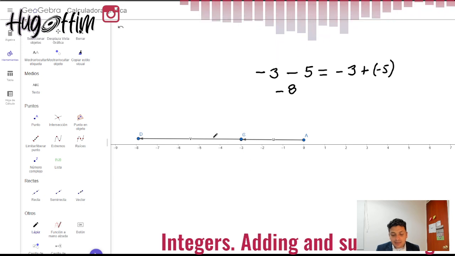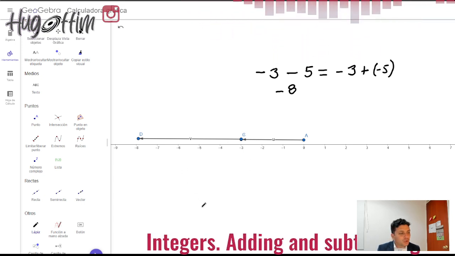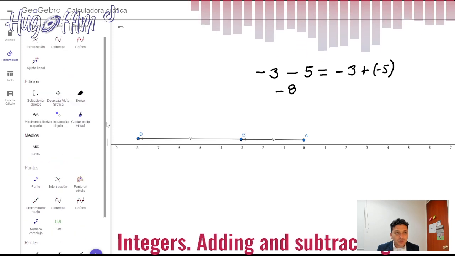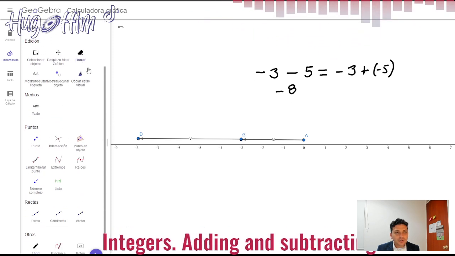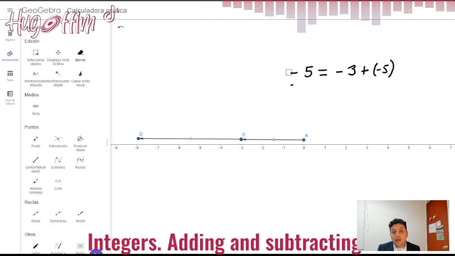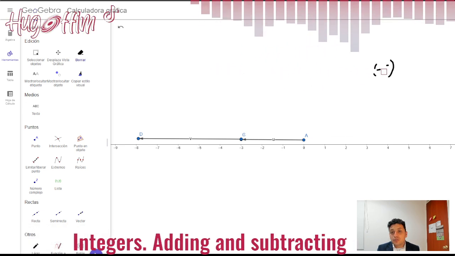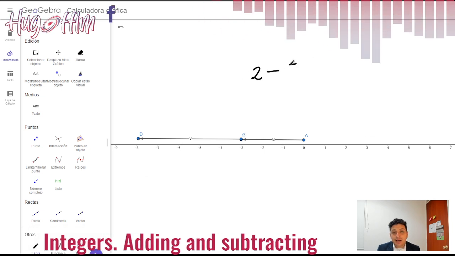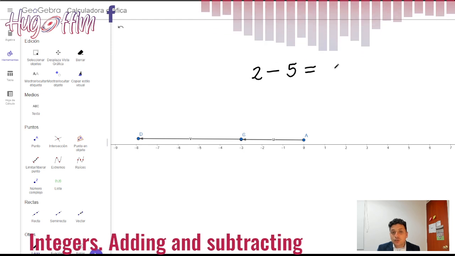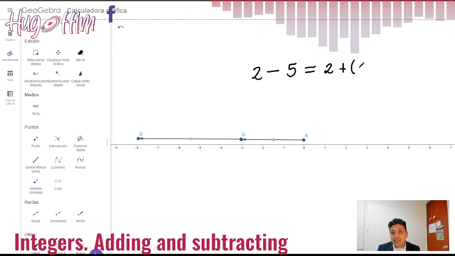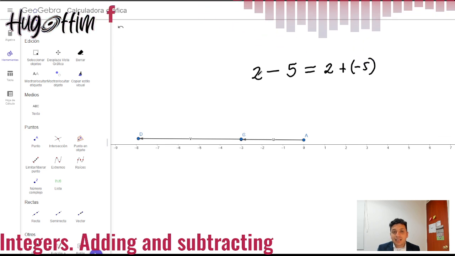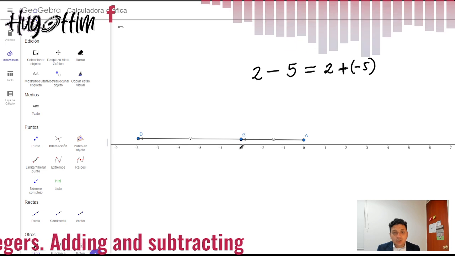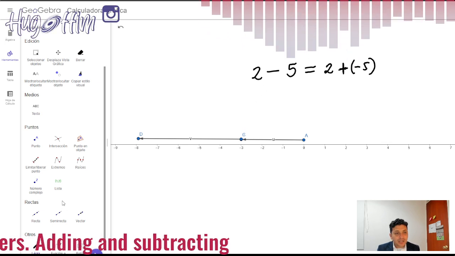And finally, let's see what happens if I want to do another subtraction. Let's say I have +2 -5. That could be seen just as 2 plus -5. Remember, adding the negative is the same as subtracting the positive. So +2 -5, what's going to happen?